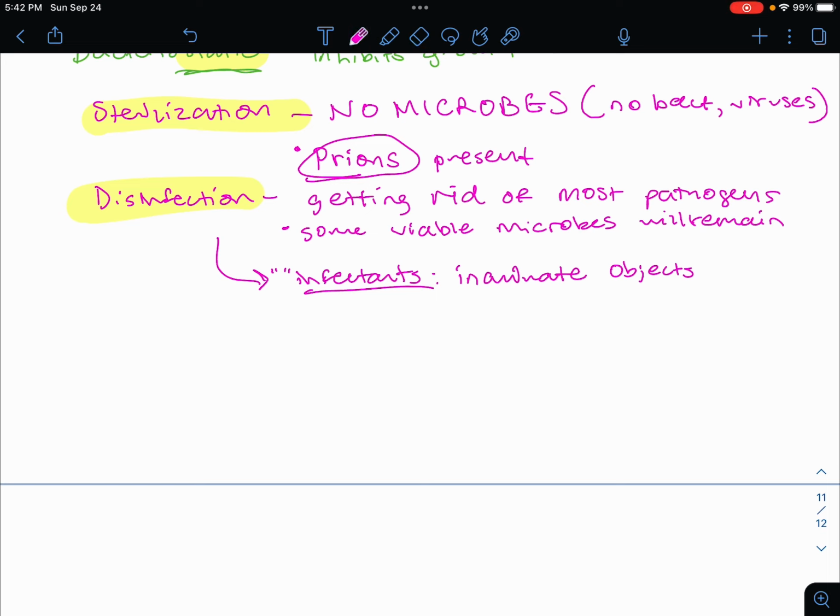For living tissue, we will actually be using antiseptics. This is still the same type of thing. We're using a chemical to get rid of these microbes, but this is only for living tissues.